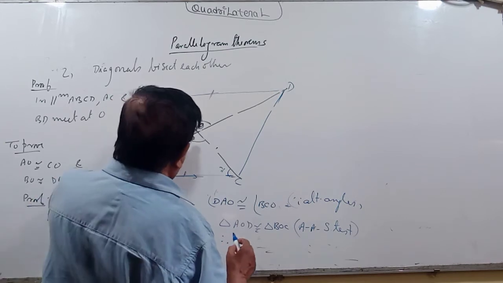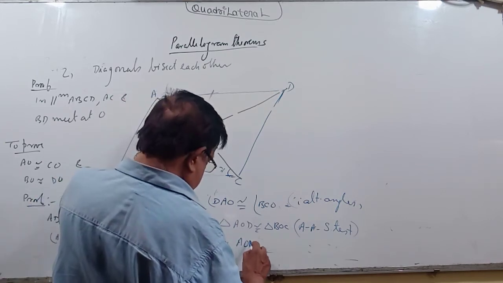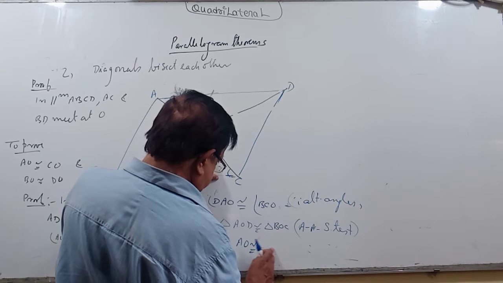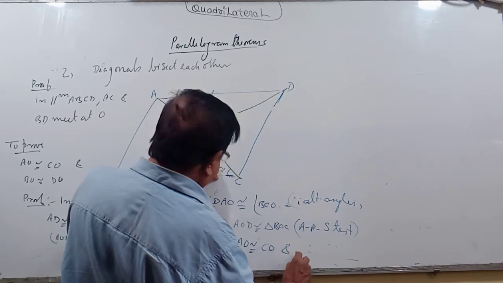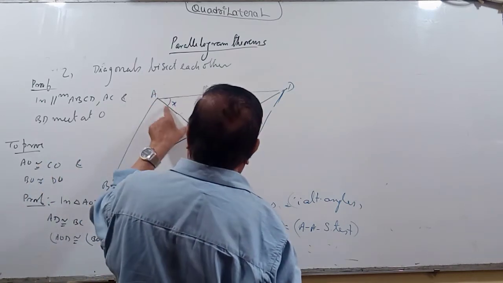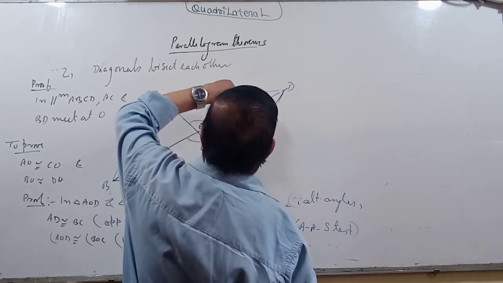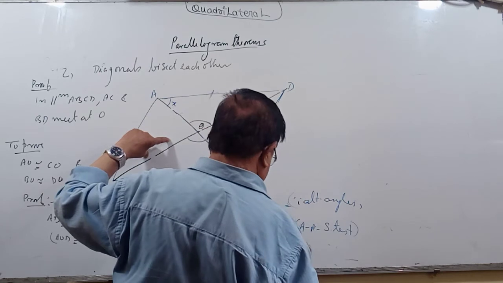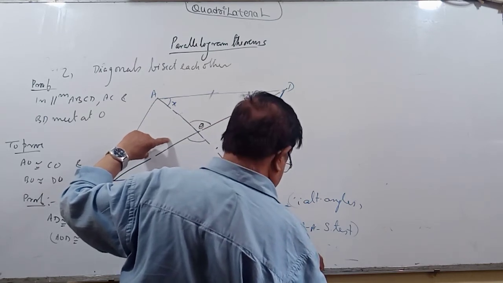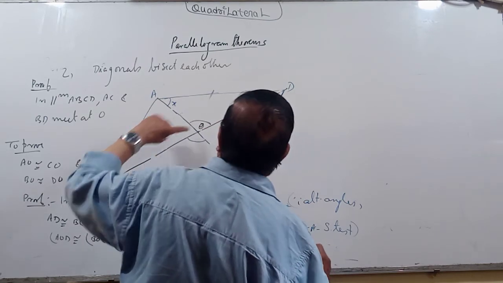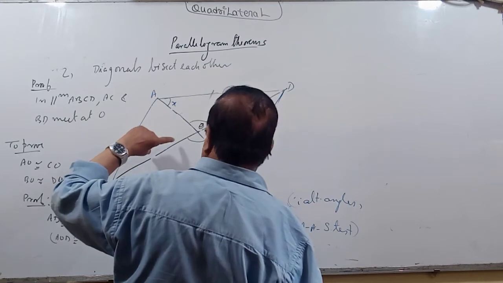Therefore, AO is congruent to CO and DO is congruent to BO.